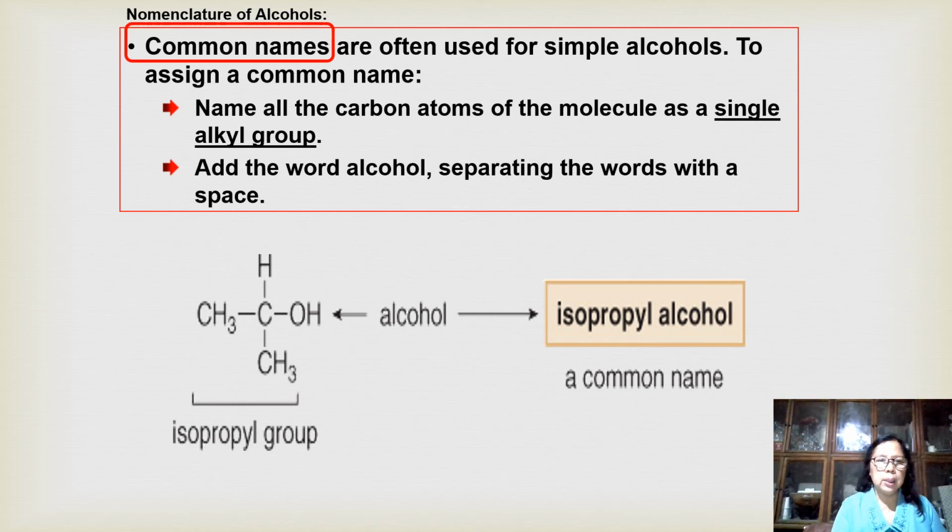But in this case, you have 3 carbons, so it is isopropyl alcohol. This is your rubbing alcohol. This is the alcohol that we are using now to protect ourselves from being visited with the COVID virus.